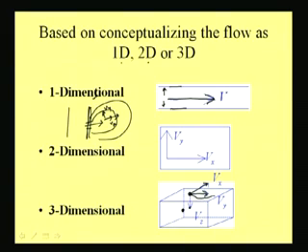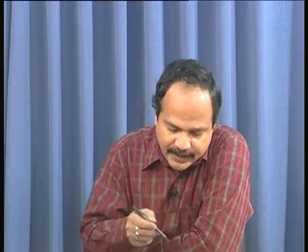In that case we refer to this flow as three dimensional. In real situations the flow will always be three dimensional, but considering the significance of the velocity in the different directions, we can classify it as one dimensional, two dimensional and three dimensional flow.